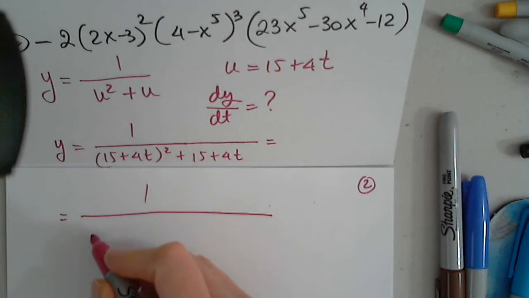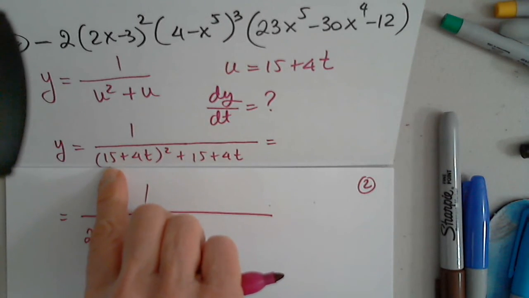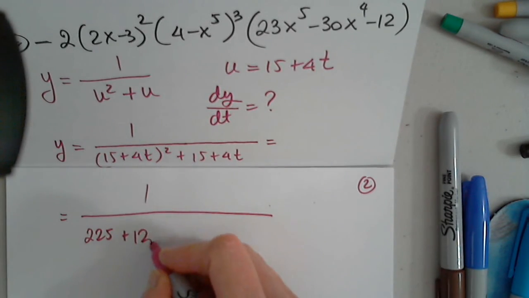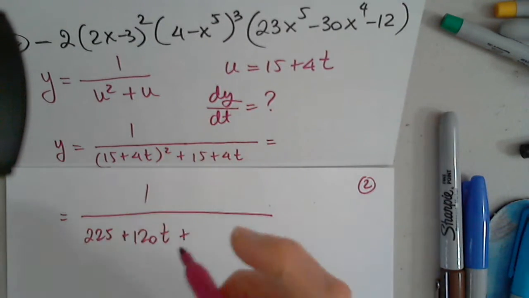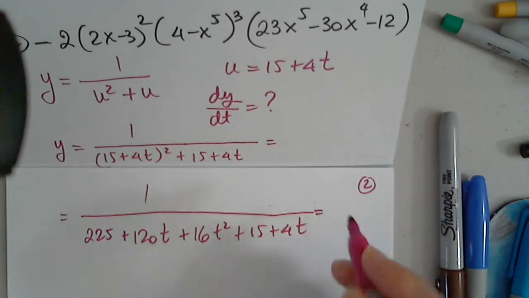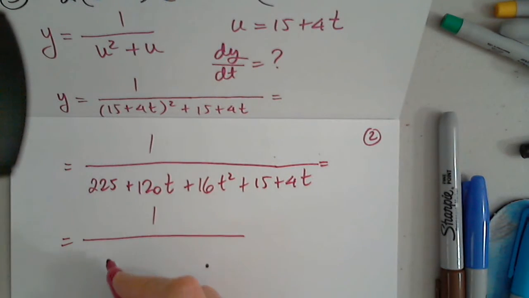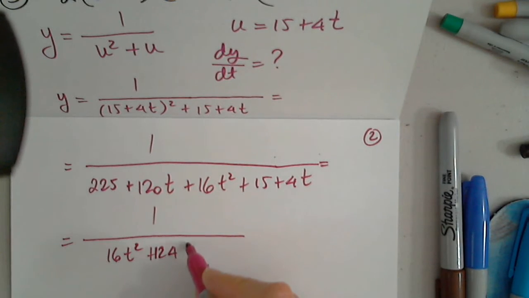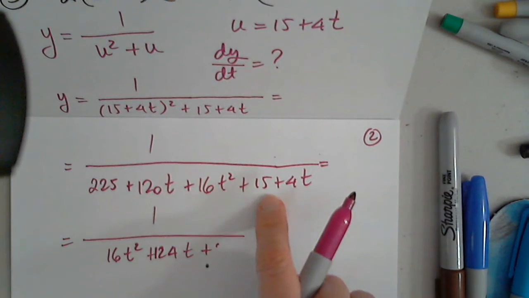We square the first term, and we get 225, plus 2 times 15, which is 30, 30 times 4 is 120t, plus the second term squared, which is 16t squared. Finally, I arrange everything in descending order, starting with the highest degree: 16t squared, 120 plus 4, 124t, and then 225 plus 15 is 240.